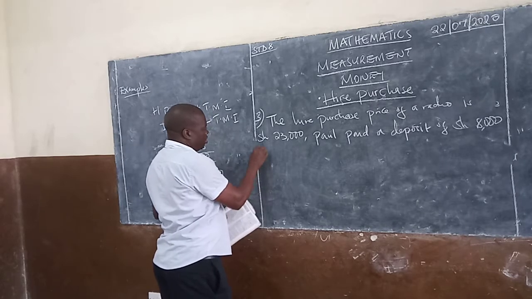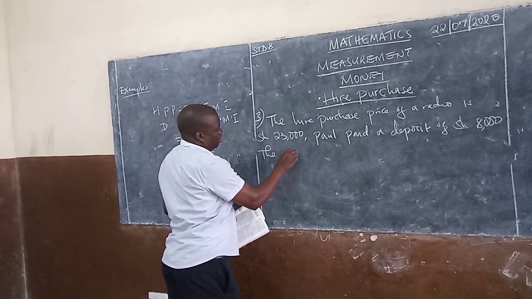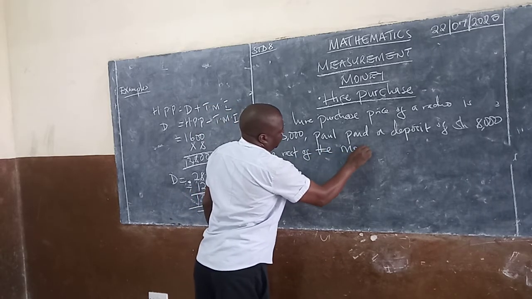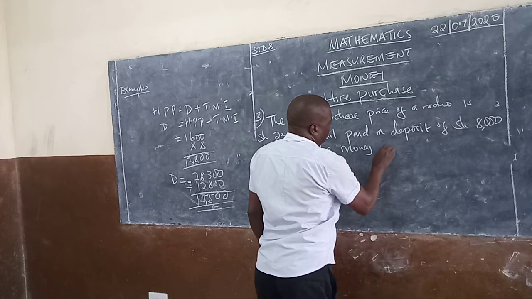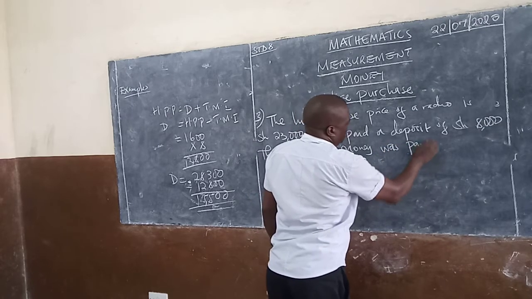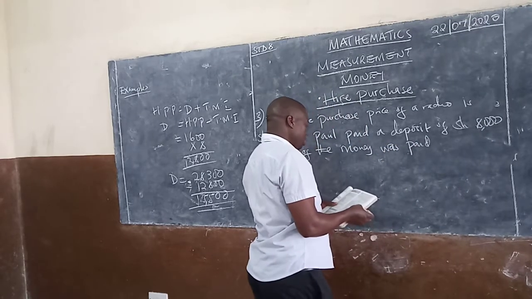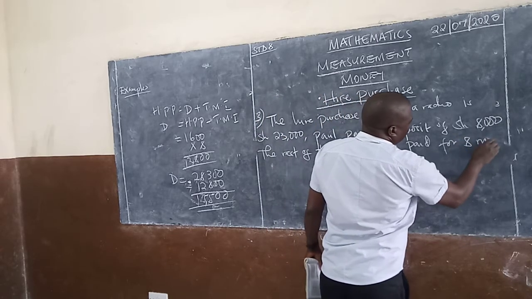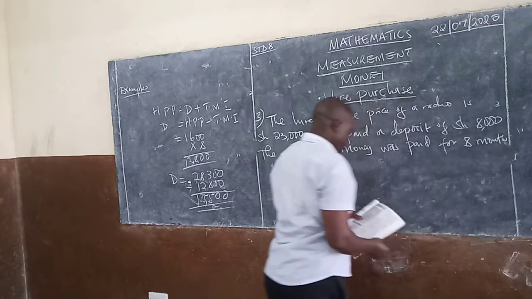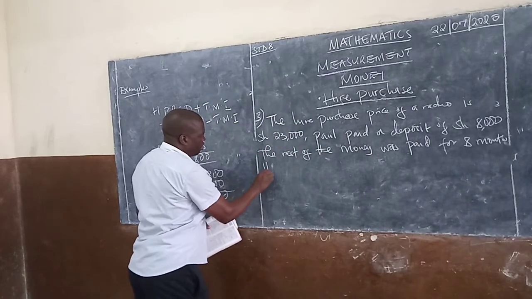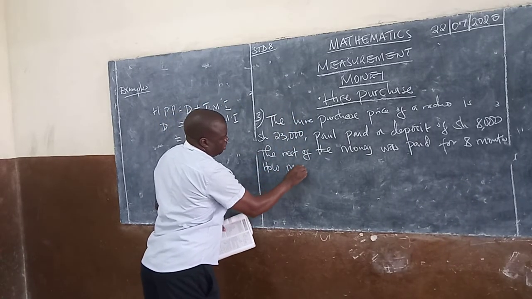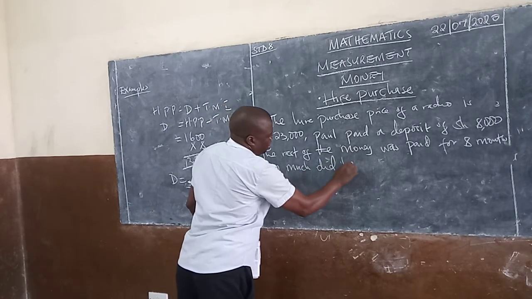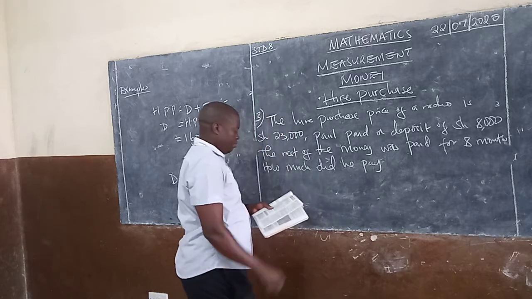The rest of the money was paid for 8 months. So how much did he pay a month?